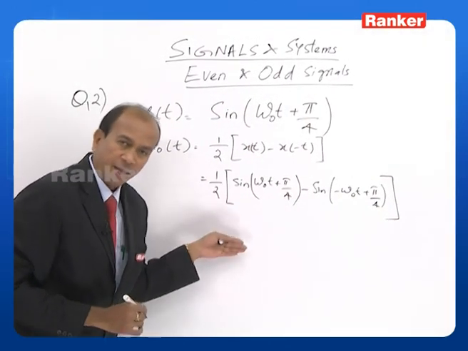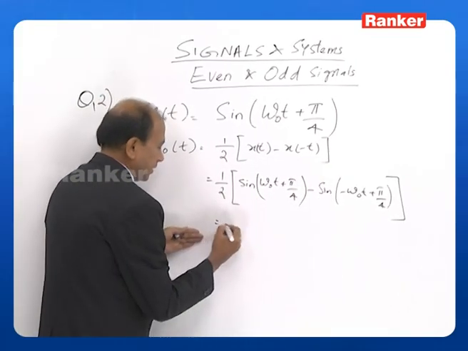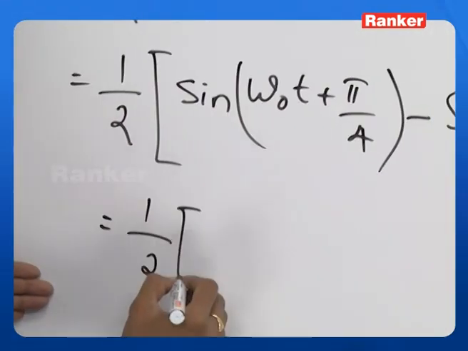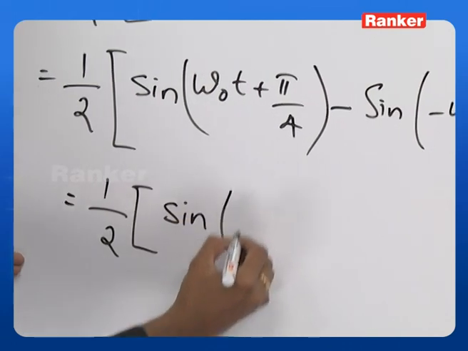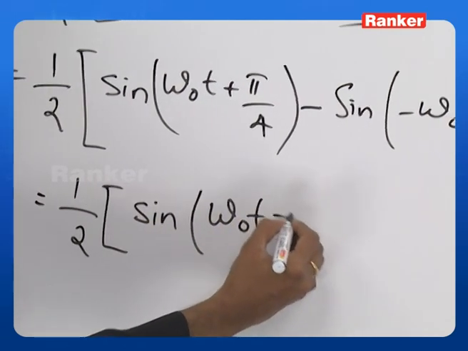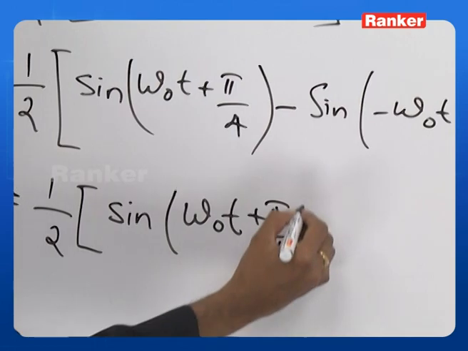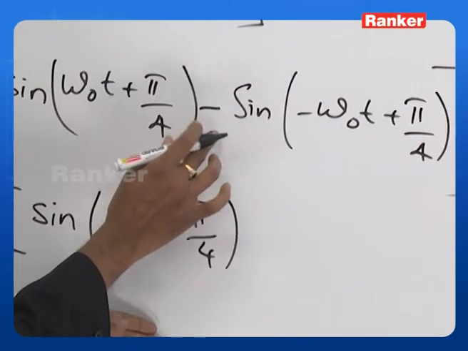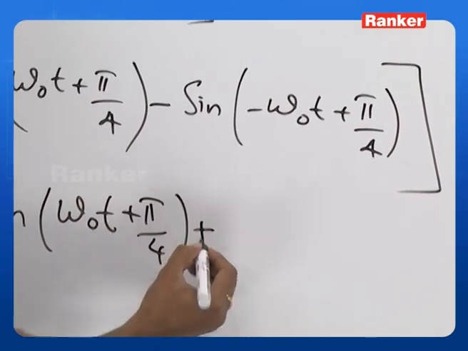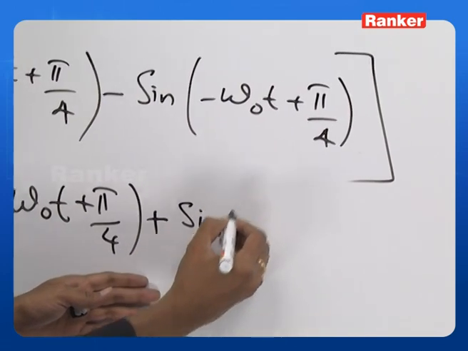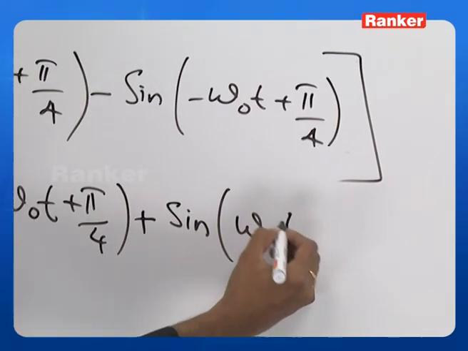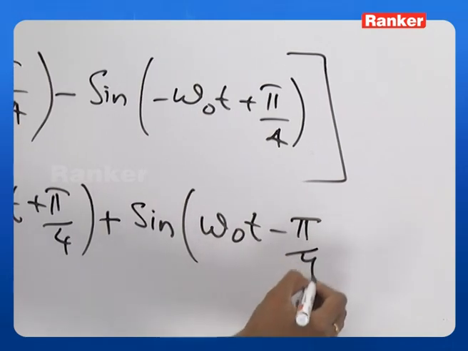Okay, bringing out the negative sign here, I can write like this, half of sine omega naught t plus pi by 4. Then this becomes what? This is minus here. So, this I can write as plus sine omega naught t minus pi by 4.